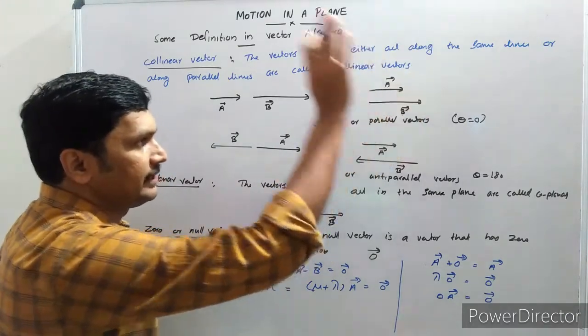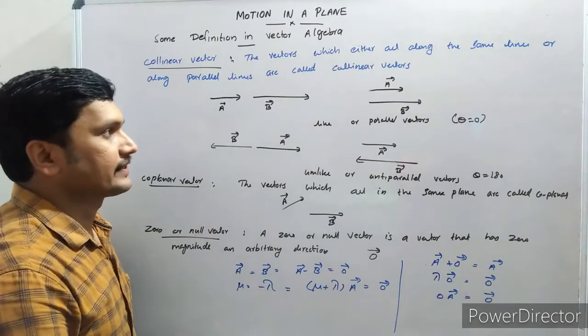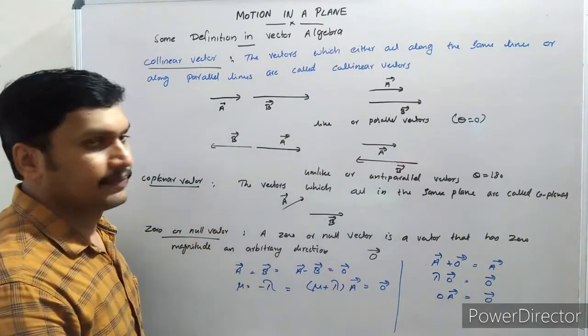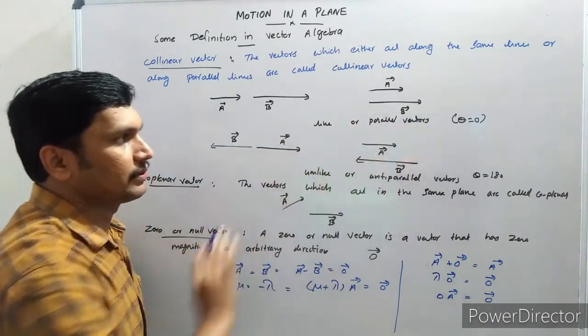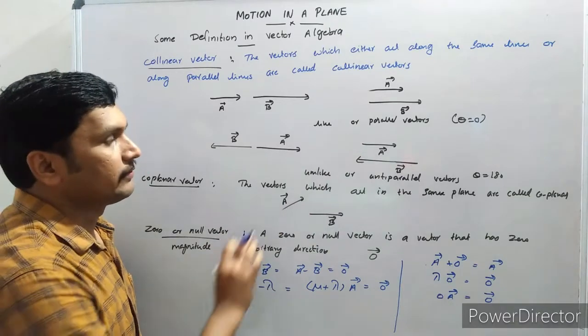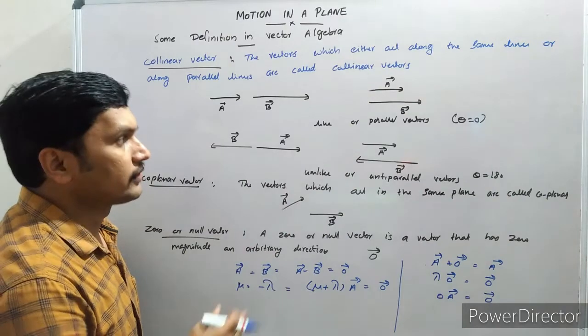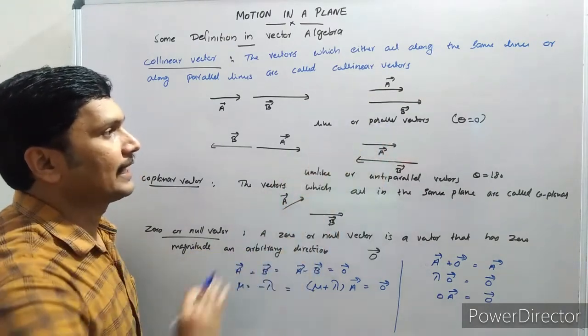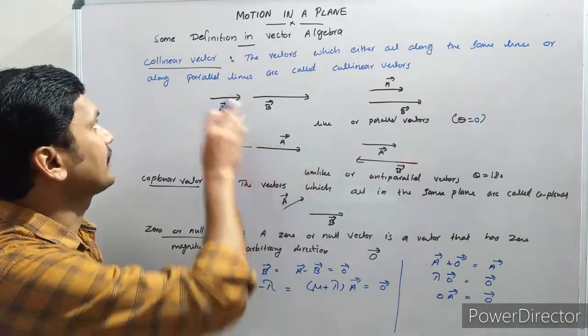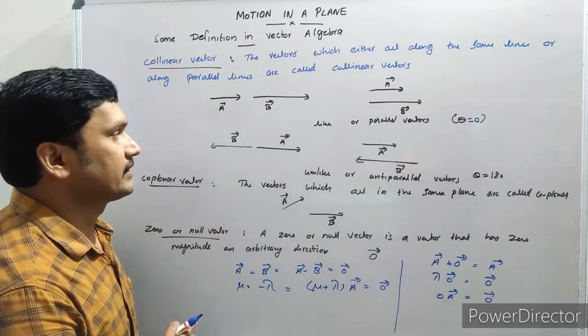The directions are the same. The angle between them is equal to 0. We call them like or parallel vectors. Parallel vectors or like vectors are collinear vectors.